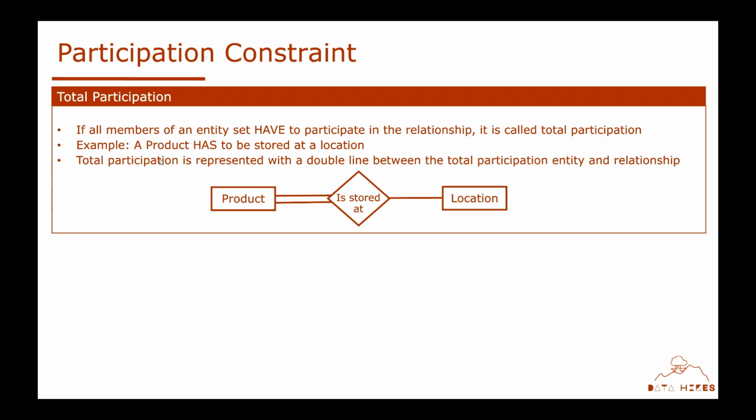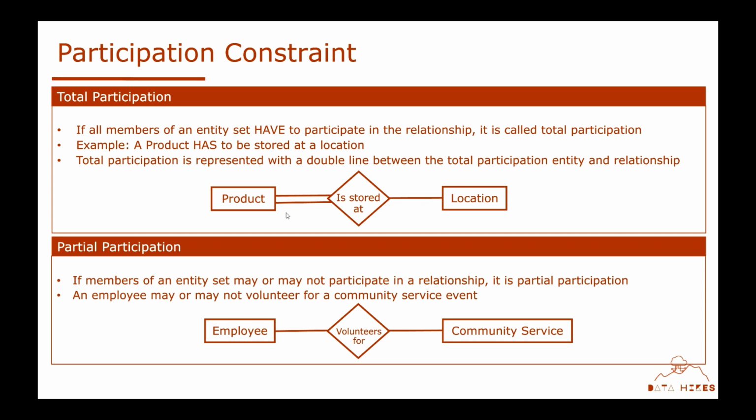So all products under this product entity have to be stored at a location. It is represented using a double line between the totally participating entity and the relationship. Hence, you see here, all products have to be stored at some location.